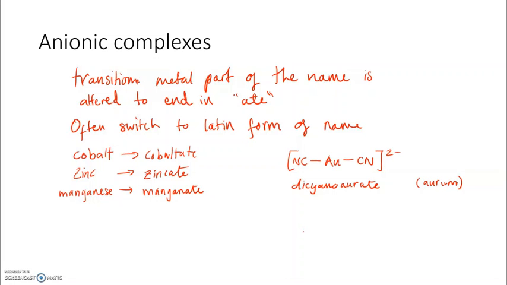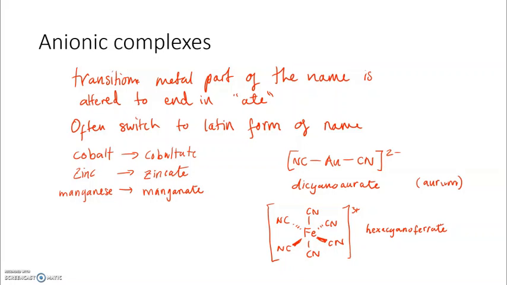If we had this complex, in this case, we've got 6 cyano ligands, so we would have hexa, cyano, and again, iron, its symbol is derived from the Latin name, so we switch to the Latin form of the name here.